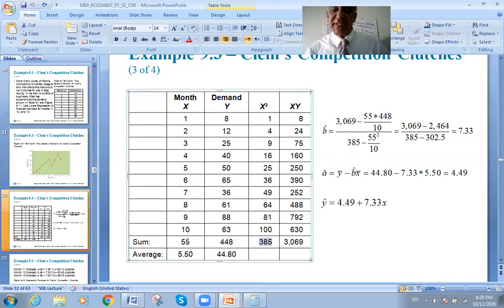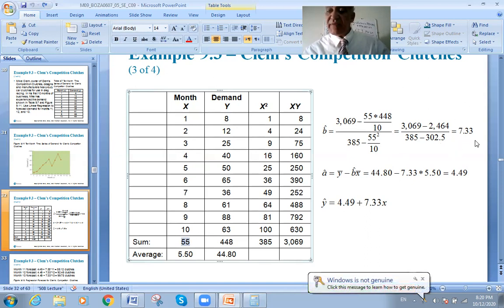The whole square means summation x, this 55, to the power 2, divided by n, which is the series number. When you substitute and finish, you will get the B hat. B hat will equal 7.33.